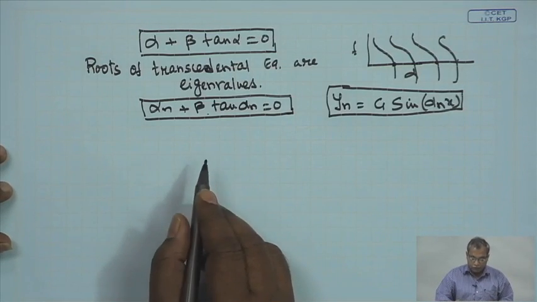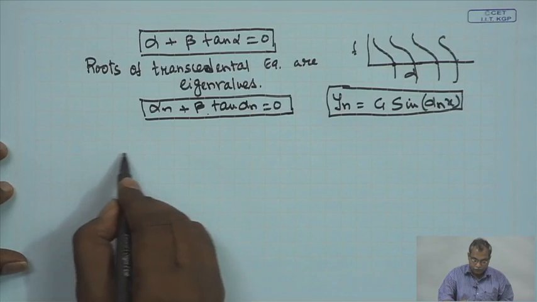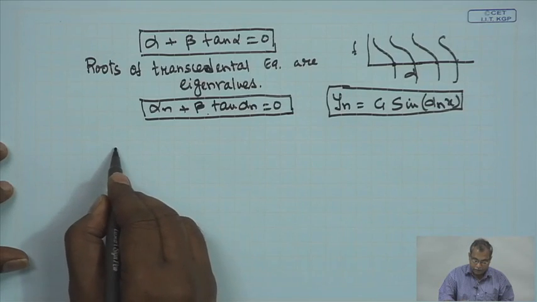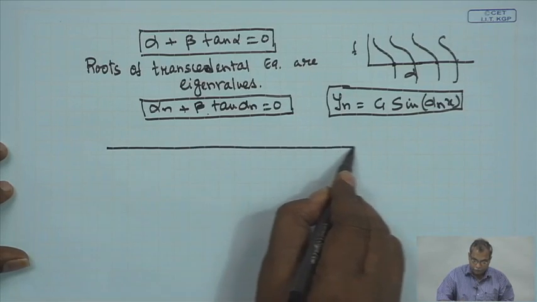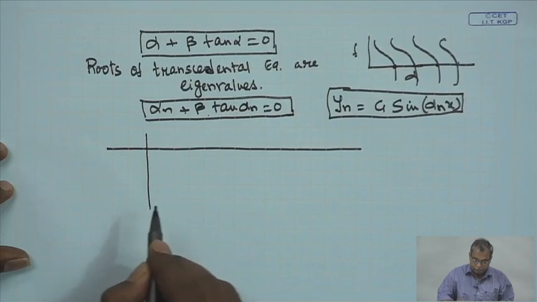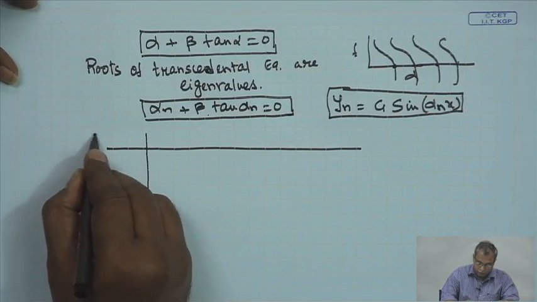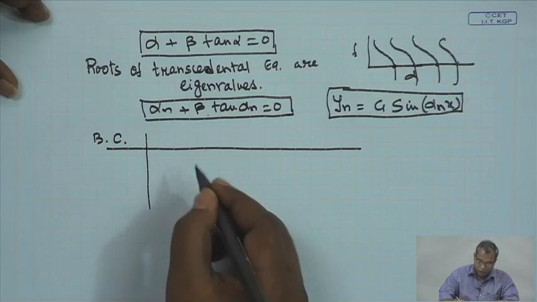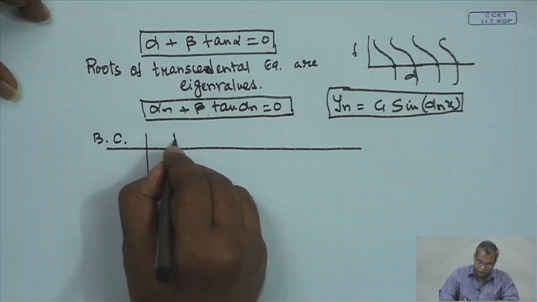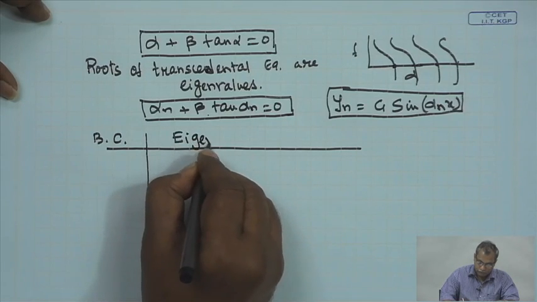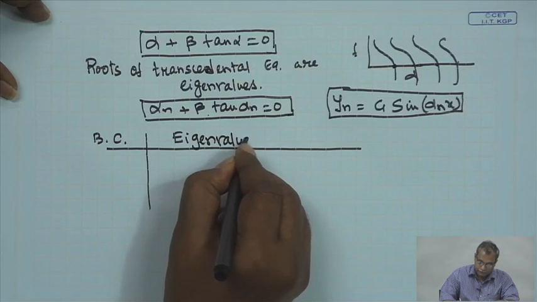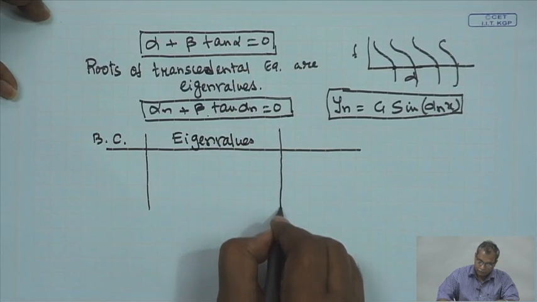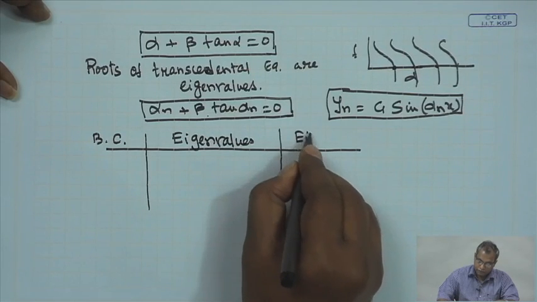Now, let us summarize whatever we have done for a standard eigenvalue problem. Let us put down the boundary conditions, then the eigenvalues in the next column, and in the third column, the eigenfunctions.